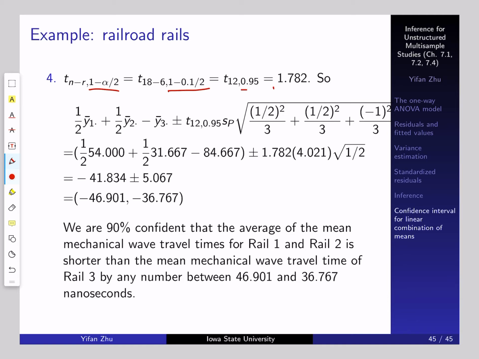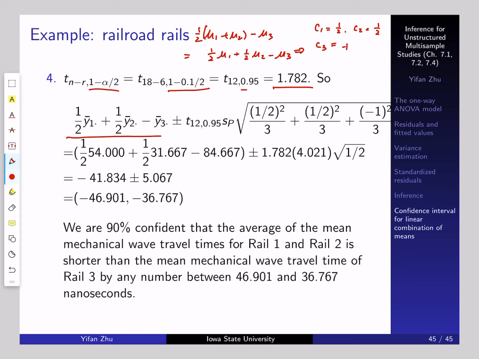And the number is 1.782. So in this case, it is 1 over 2 mu 1 plus 1 over 2 mu 2 minus mu 3. So you know that C1 is 1 over 2, C2 is 1 over 2, and C3 is minus 1. Okay.